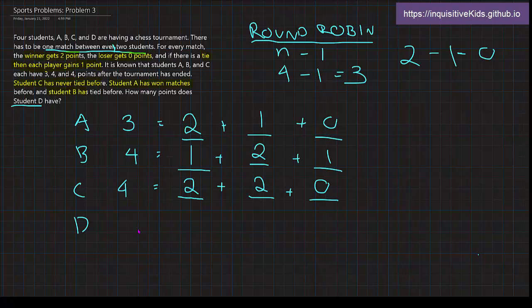So this is when some common sense comes in. Whenever you have a match, it's either there's a winner and a loser, or there's two people who have tied.